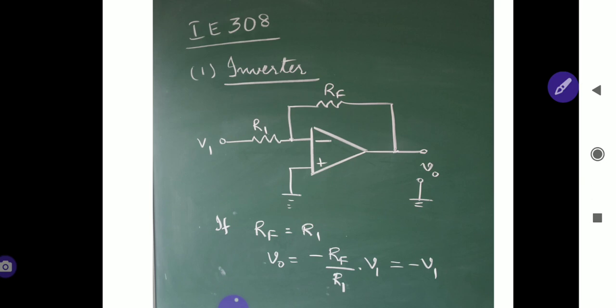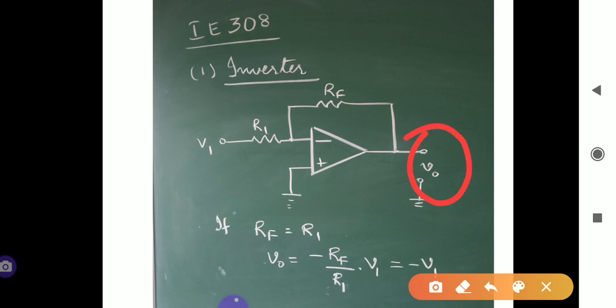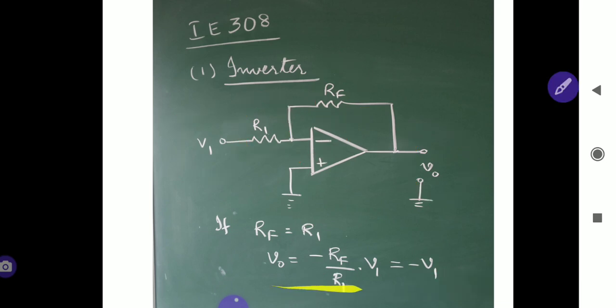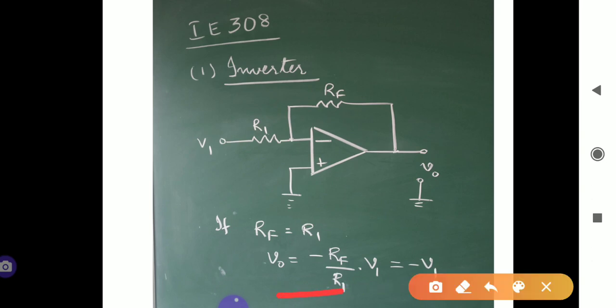So when we try to find out what output we are going to get here, that is V0, by writing the equation we get that V0 would be equal to RF divided by R1 multiplied by V1. Of course, with a negative sign because you're giving it through the negative terminal. So when we write the equation, V0 will become equal to minus of RF by R1 into V1.